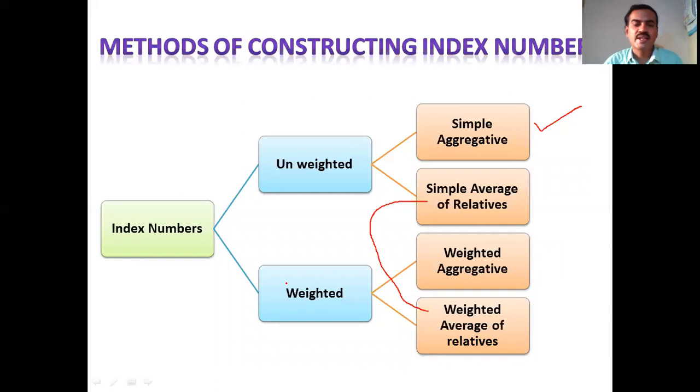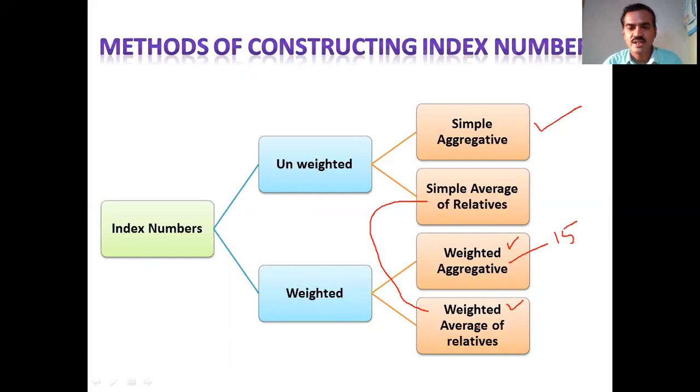And in the weighted index number, there are two kinds: the weighted aggregative index number and the weighted average of relatives index number. A very important point is that on the weighted aggregative method, you are going to face a 15 marks question.